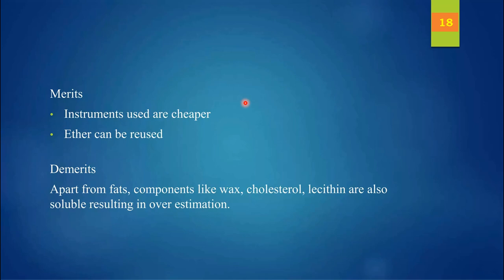But the demerit is that components like wax, and sometimes the cholesterol and lecithin are also soluble, resulting in the overestimation of the fat. The wax does not have any nutritional property, and also the cholesterol and lecithin. But sometimes these values will also be added to the ether extract, especially in feed analysis techniques.